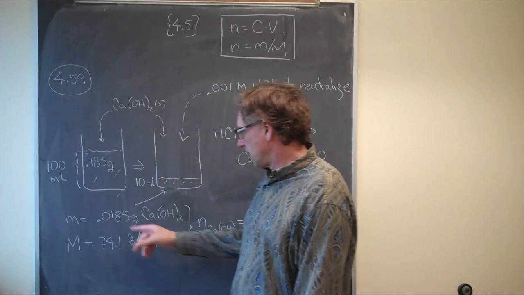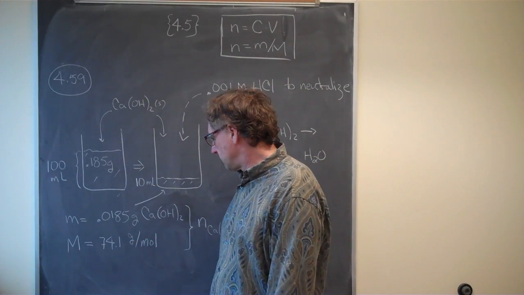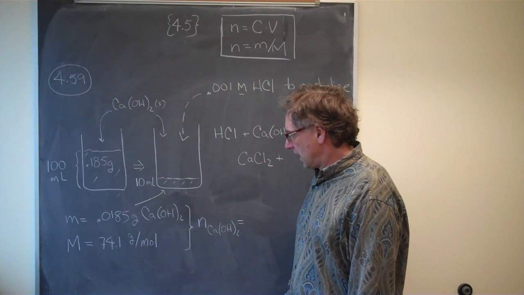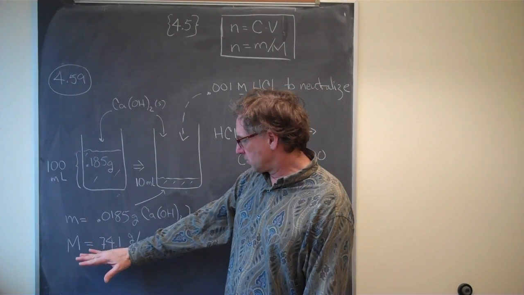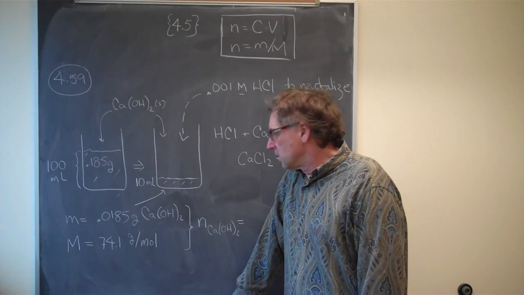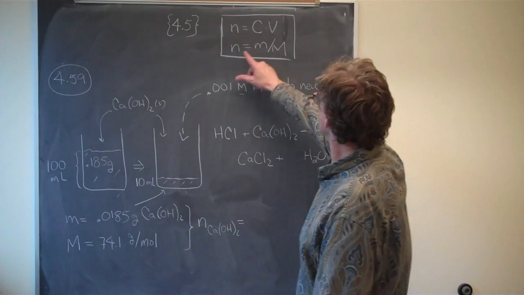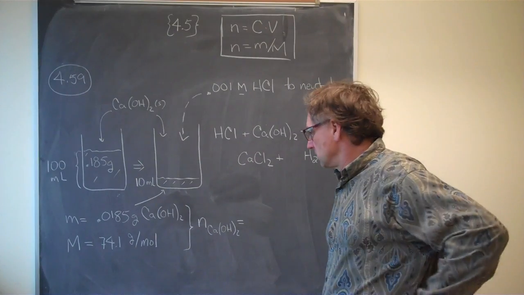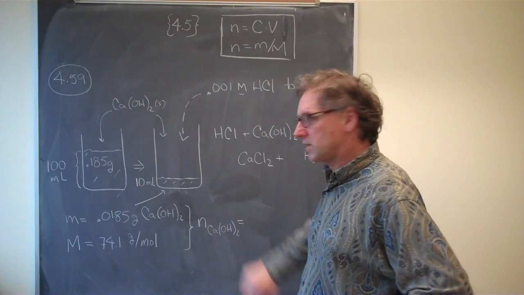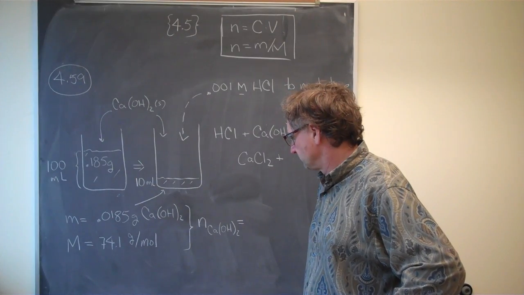So in this case, I think that this is the relevant equation. I know I have 0.0185 grams of calcium hydroxide in that solution, and I know the molar mass, I looked it up already, of calcium hydroxide is 74.1 grams per mole. So this looks like the right equation. If you want, pause and get the number of moles of calcium hydroxide in those 10 mils.